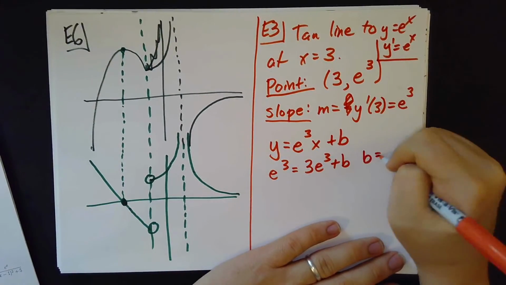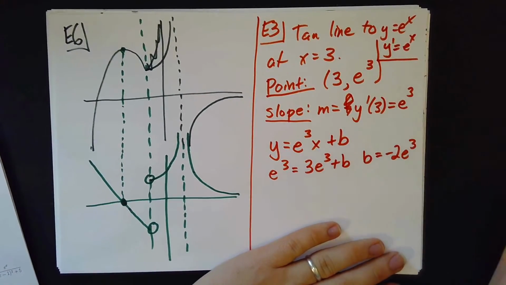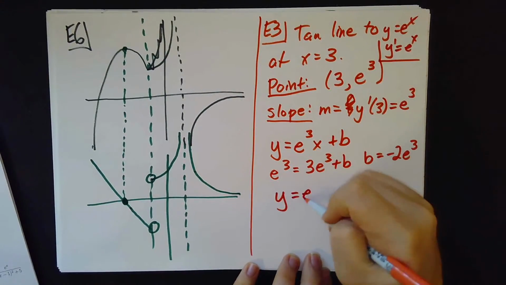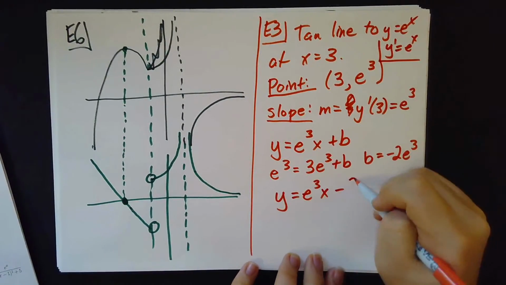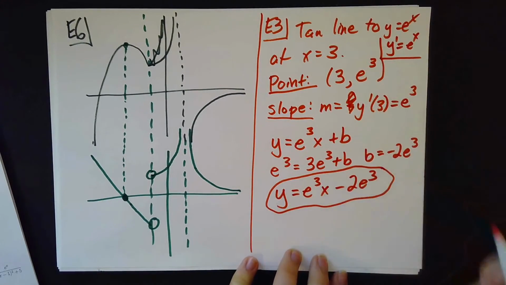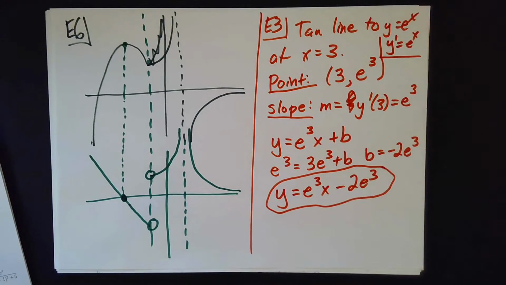So b is minus 2e cubed. And so my equation should be y equals e cubed x minus 2e cubed. Do you have any questions about that? I went through that kind of quickly, but I'm guessing there was one specific part of this that you were struggling with that I can answer questions about.